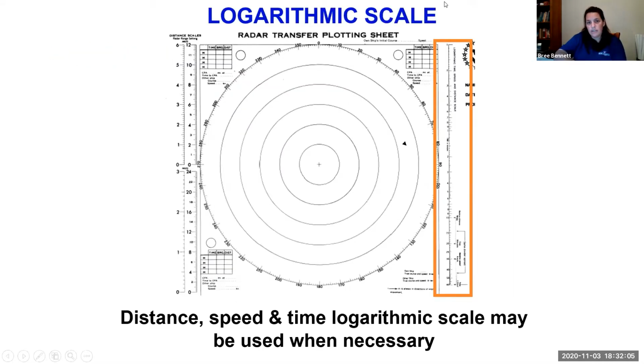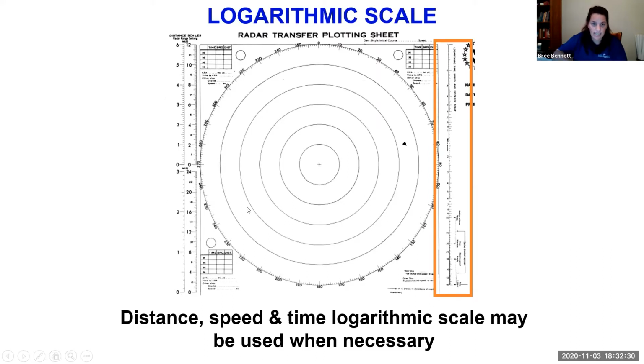This is an older plotting sheet, or an older PowerPoint, I guess. The distance, speed, time scale is on the bottom, and what I have on my side is a speed scale. We're not going to use that speed scale, and we're not going to use the distance, speed, time scale on the bottom.